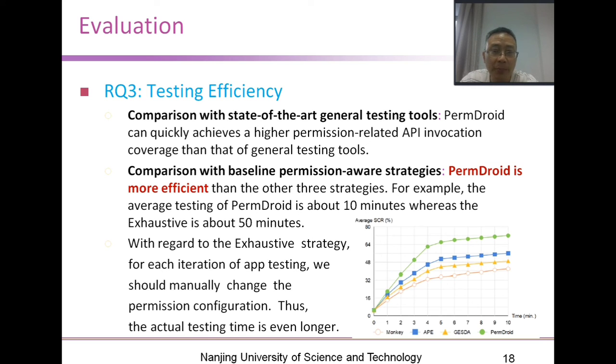And compared with the baseline permission-aware strategies, PermDroid is more efficient because it only tests the APPs one time, while the exhaustive approach will test the APPs several times, and each time it needs to manually change the permission configurations. For example, the average testing time of PermDroid is about 10 minutes, whereas the exhaustive strategy takes about 15 minutes to test an APP.